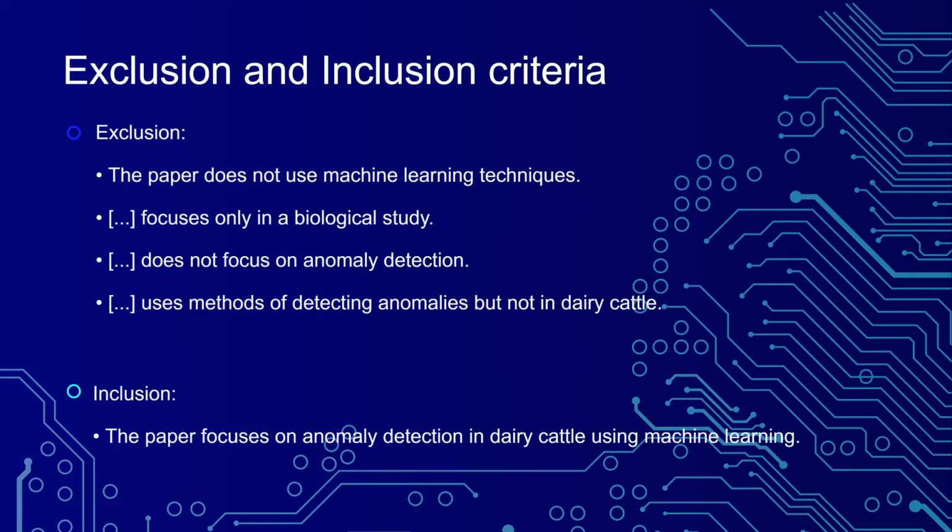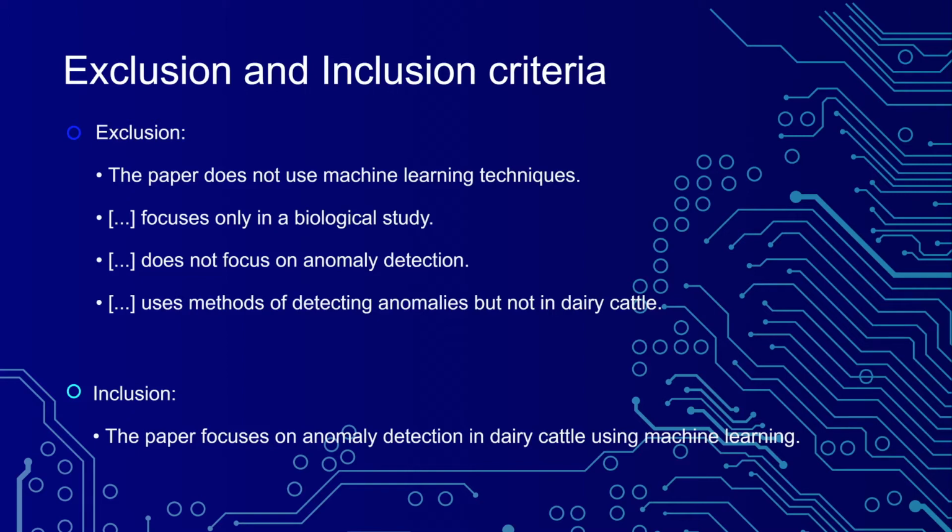So in our project, we need to separate which kind of articles are going to be included and articles that are going to be excluded from our research. So our exclusion criteria is that the paper or the article does not use machine learning techniques, focuses only on a biological study, does not focus on anomaly detection, or uses methods of detecting anomalies but not in dairy cattle.